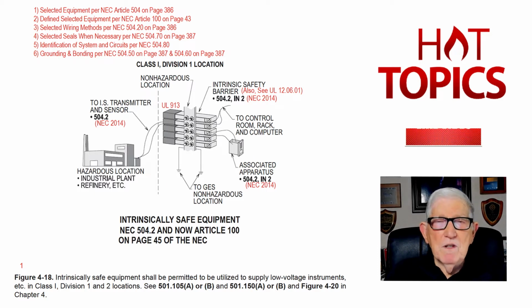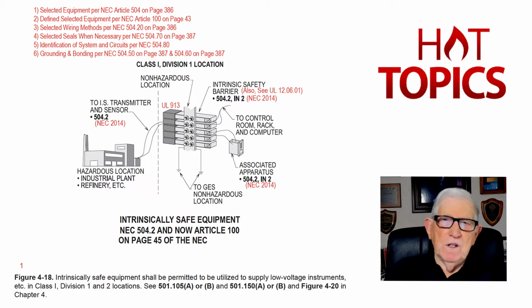Components could get damaged, maybe by driving a screwdriver through one of the components or whatever. And there wouldn't be an arc or a spark that would exceed the ignition temperature of the gas or vapor that we would select from NFPA 70E, table 5.4.2, which we really won't get into today.